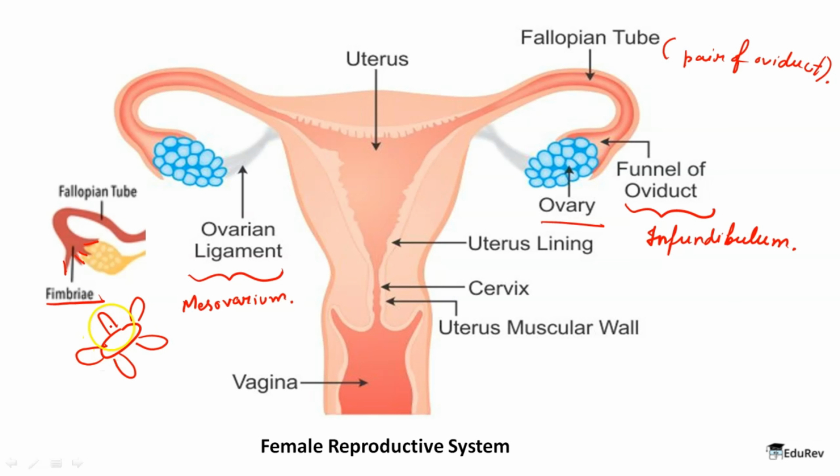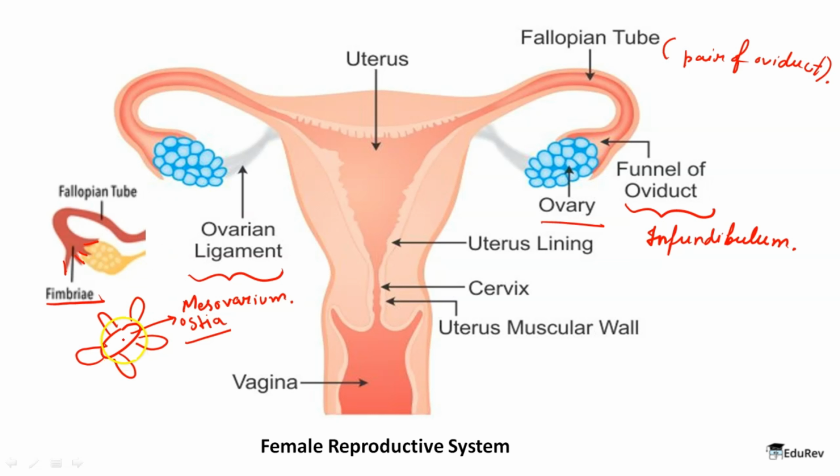Yes, this is not a flower, but the structure of fimbriae, and the opening is known as ostia. Now we have a very important function of this opening ostia. What happens? When secondary oocyte comes from ovary, it gets entry into the infundibulum from ostia only.